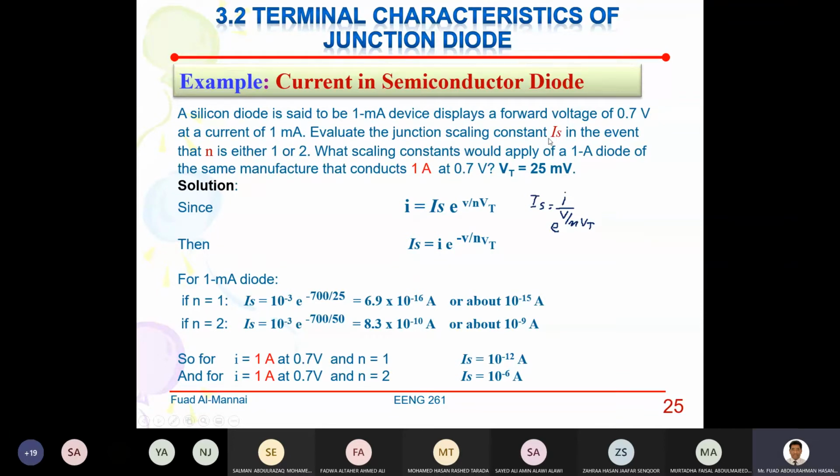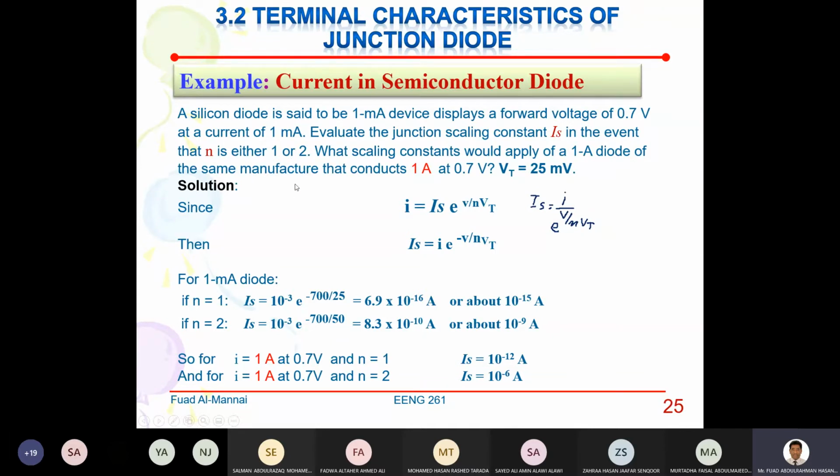He wants us to find IS in the event that N is either 1 or 2. So he wants us to find IS when N is equal to 1, and IS when N is equal to 2.